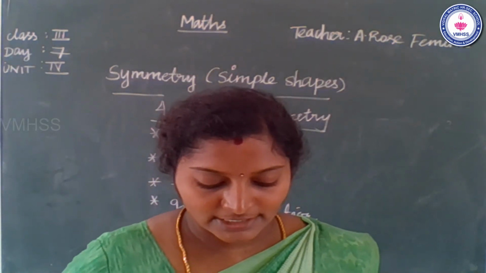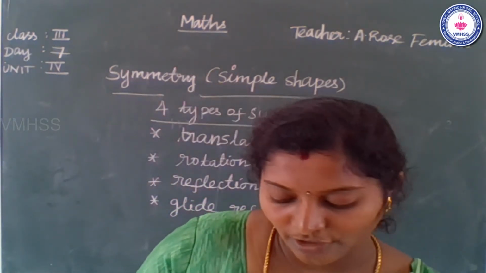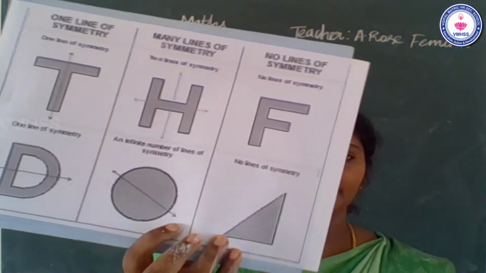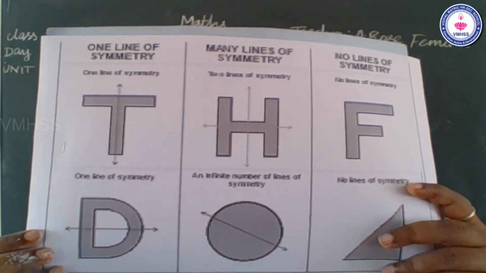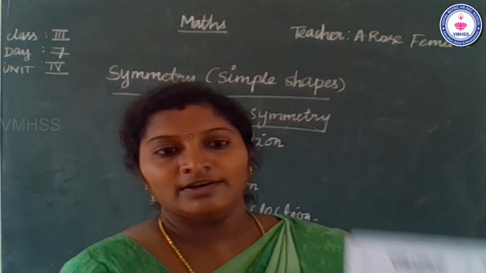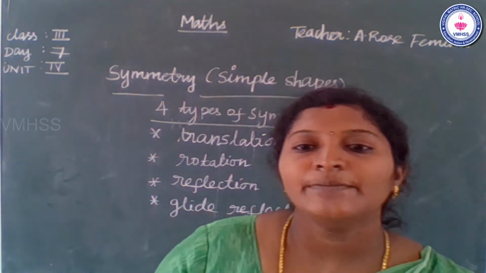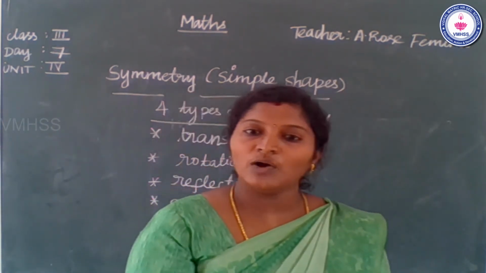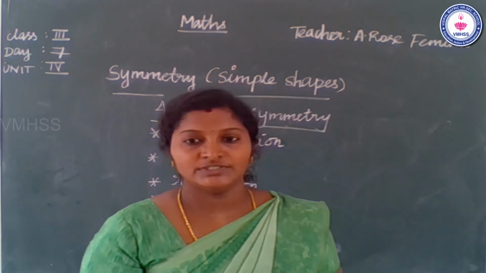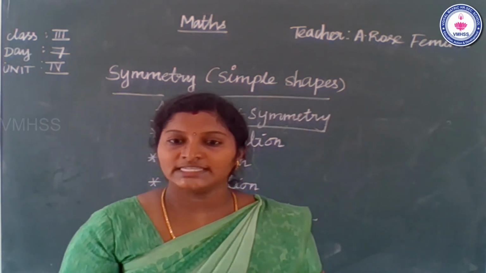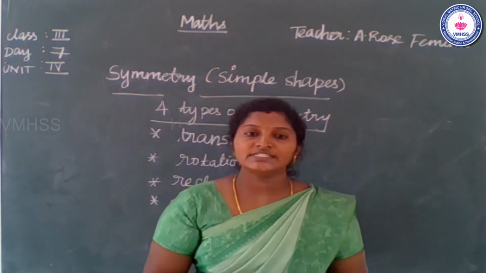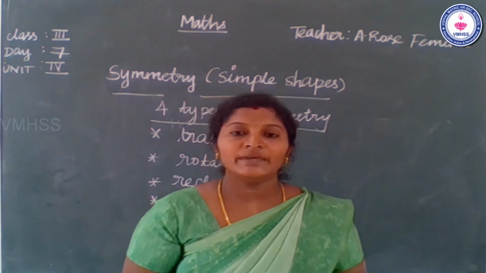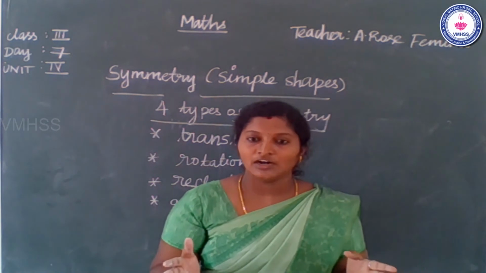Symmetry is defined as a balance and similarity found in two halves of an object. That is, one half is the mirror image of the other half.